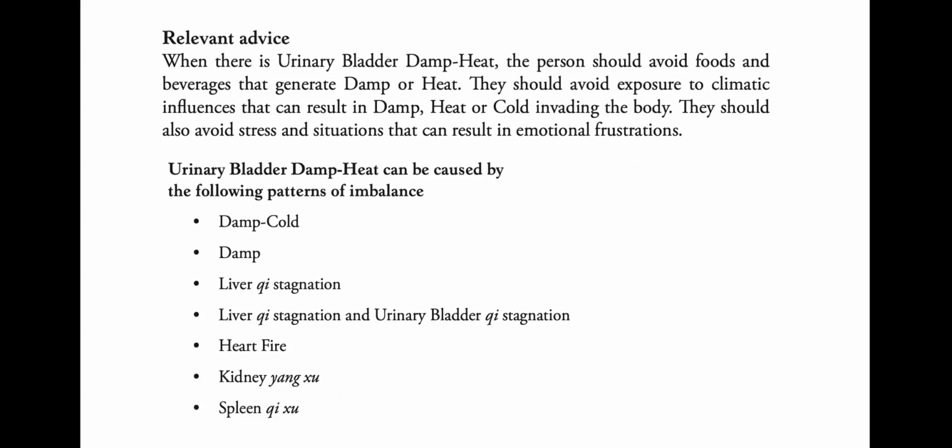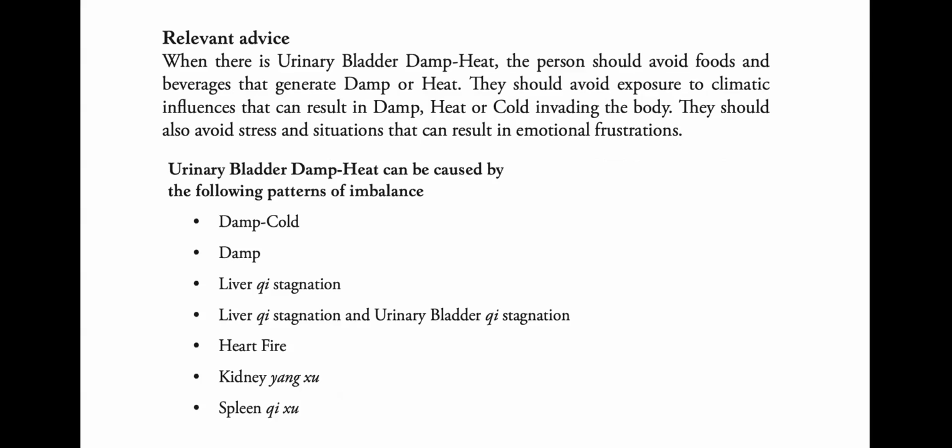As a relevant advice, when there is urinary bladder damp heat, the person should avoid foods and beverages that generate damp or heat. They should avoid exposure to climatic influences that can result in damp, heat, or cold invading the body. They should also avoid stress and situations that can result in emotional frustrations.